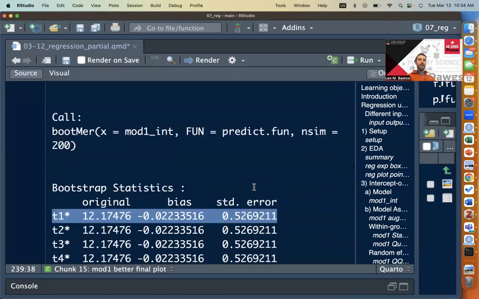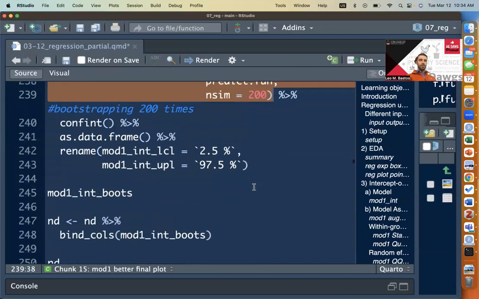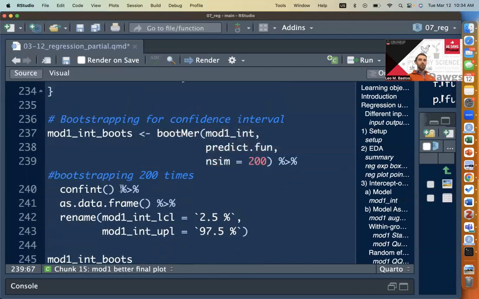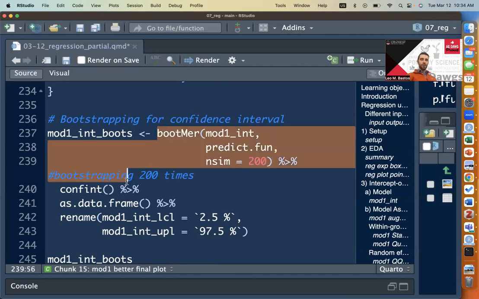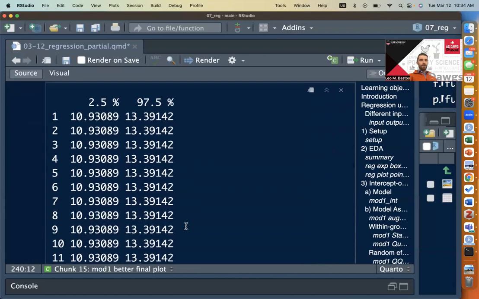Now, what I want to do next, let me come back to my code, is create a confidence interval for those. If I just run until conf int, let me show you what happens. It's going to give me a confidence interval: the lower 2.5% and the upper 97.5%.